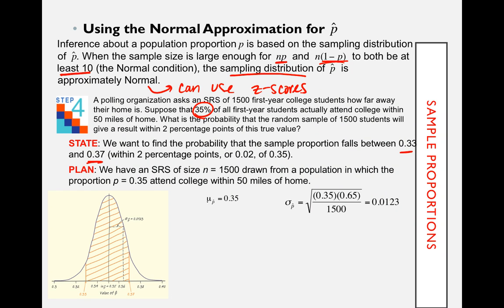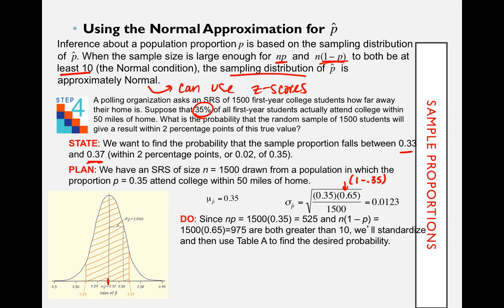Standard deviation, we have that 35% times 65%, because this is just 1 minus 0.35, over the sample size, and then we take the square root. So what this is ultimately telling us is that our sampling distribution is centered around 35%, and then roughly counting up by values of about 1.2% for our standard deviation.